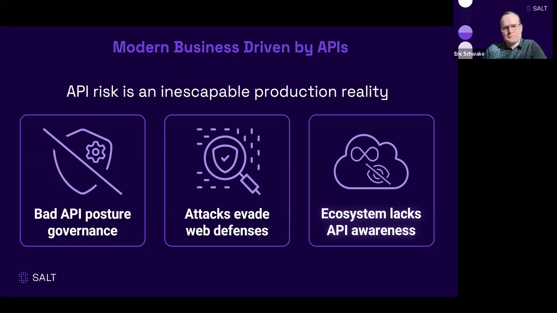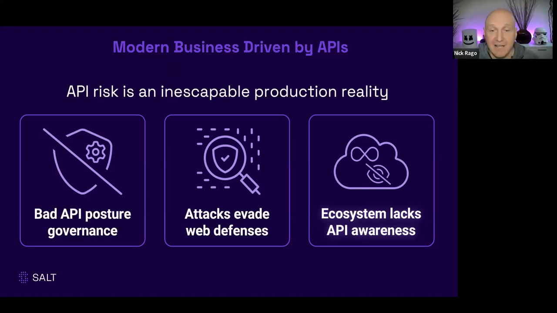The second thing is, a lot of the technology defenses that organizations have have zero API awareness. So this notion of defense in depth is something that organizations are struggling with. They don't have the threat intel of that API awareness to be able to take action against an API threat.